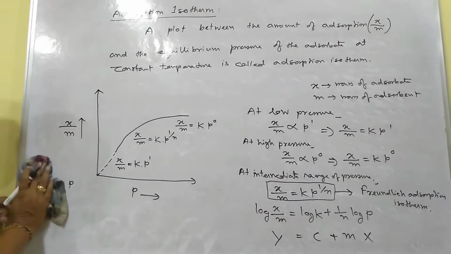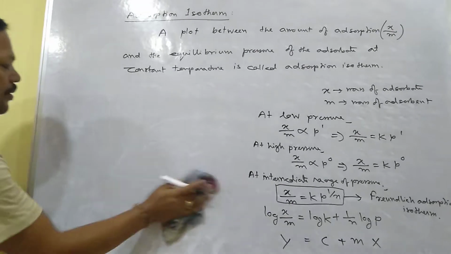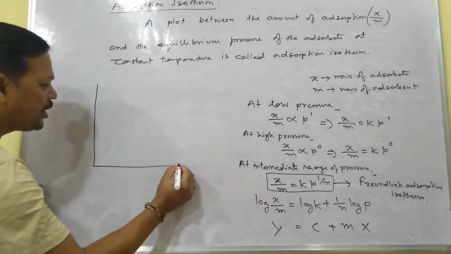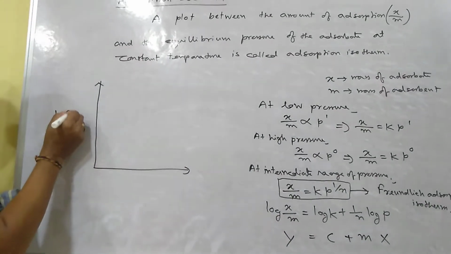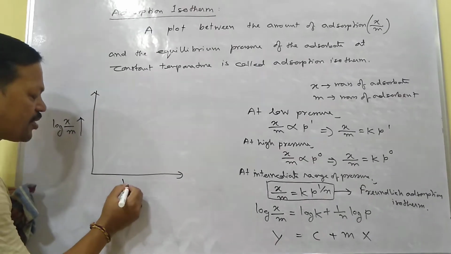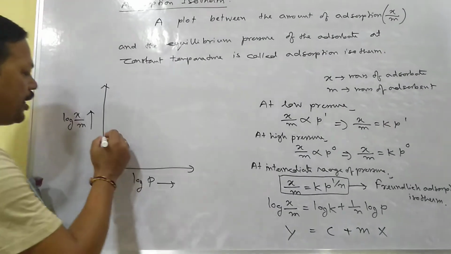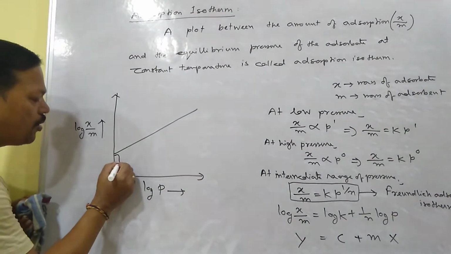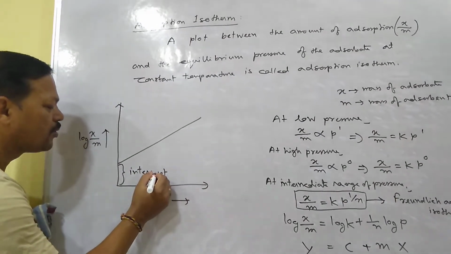That is why, if you plot log of x by m, this is y, versus log p, since it's a straight line equation, you will get a straight line like this, and this portion is called the intercept.